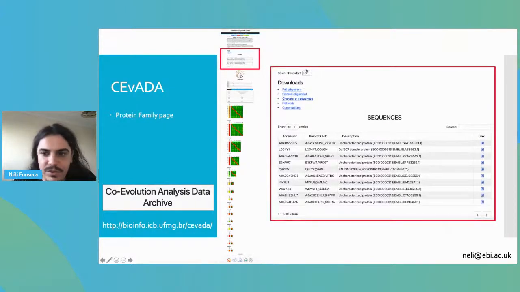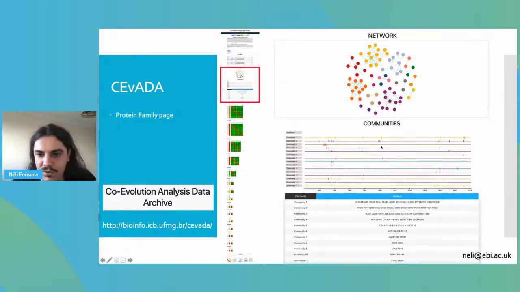Then we have an option to change the cutoff of the network, another option to download the raw data, and an interactive table to see the sequences that are members of this protein family. And we also have links to access the CEvADA page.